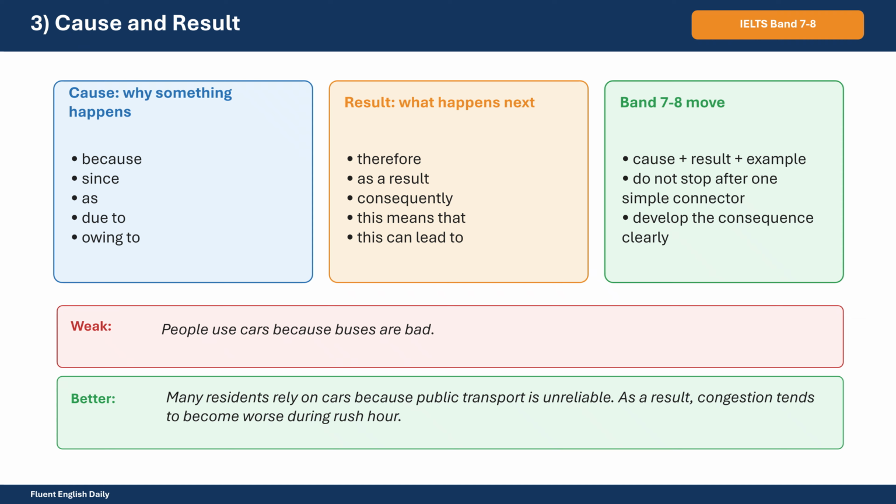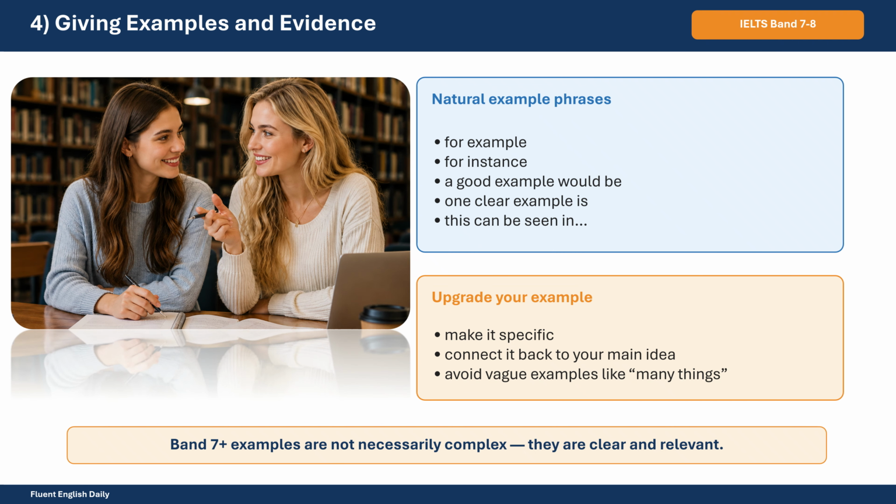For Band 7 and above, try to go beyond one basic connection. Explain the consequence, and when possible, support it with an example. Examples make your ideas clearer and more convincing. The most common expressions are, for example, and for instance.